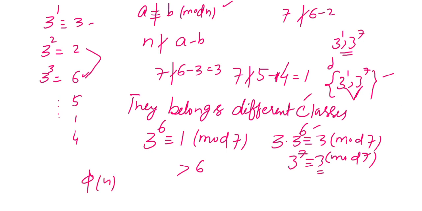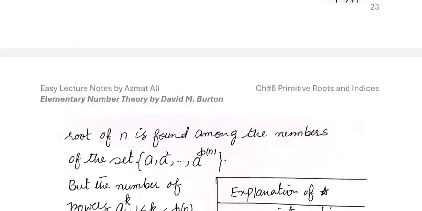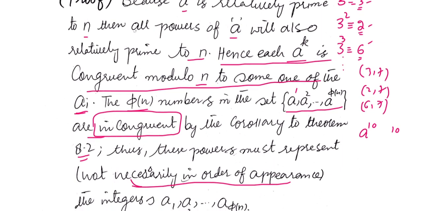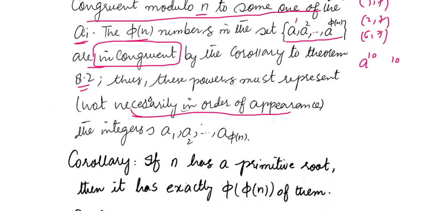That is what is required to prove. So these powers must represent, not necessarily in order of appearance, the integers a1, a2 up to a phi n.